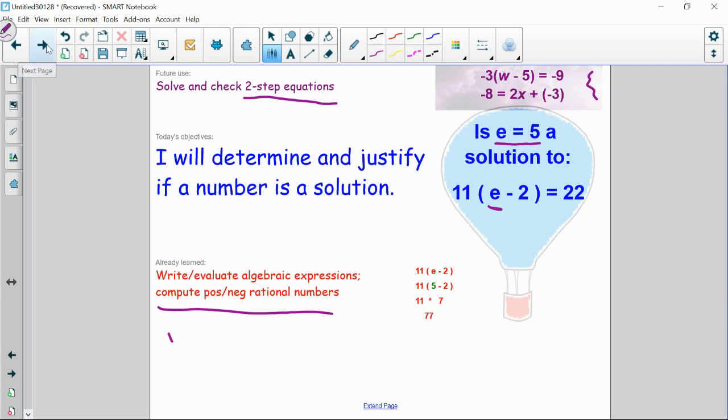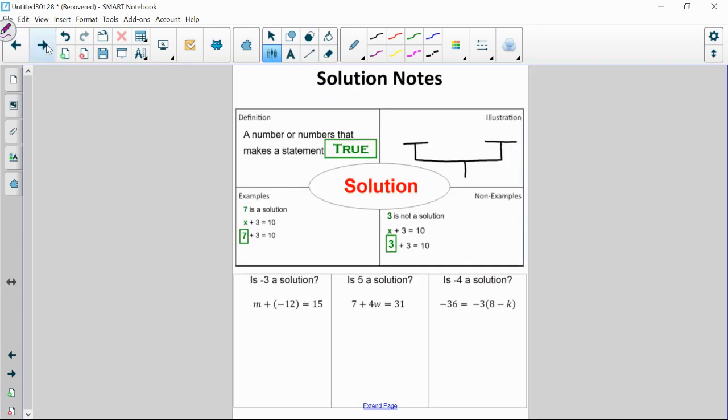So today's lesson is just working with solutions. We need to talk about what a solution is. A solution is a number or numbers that makes a statement true, and they're true for certain reasons. Then we have an illustration of where you ask, is it balanced?